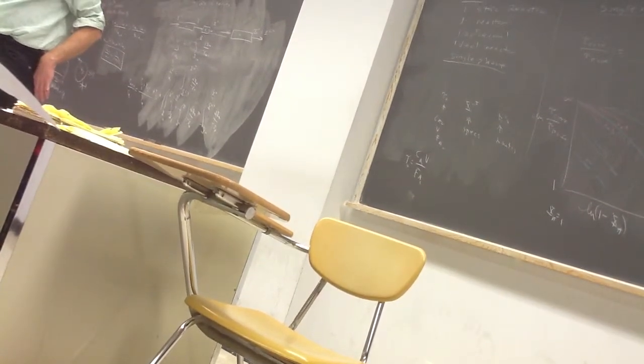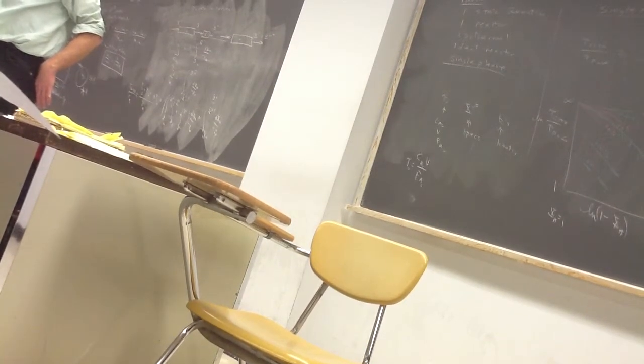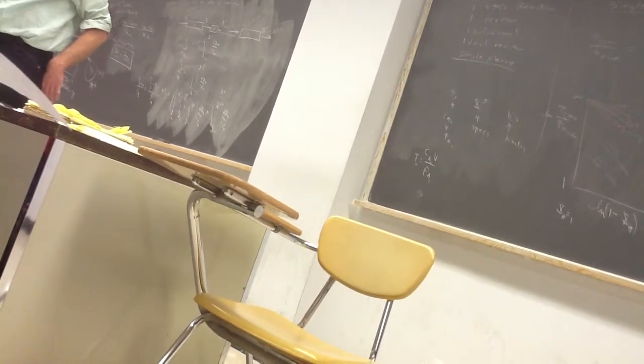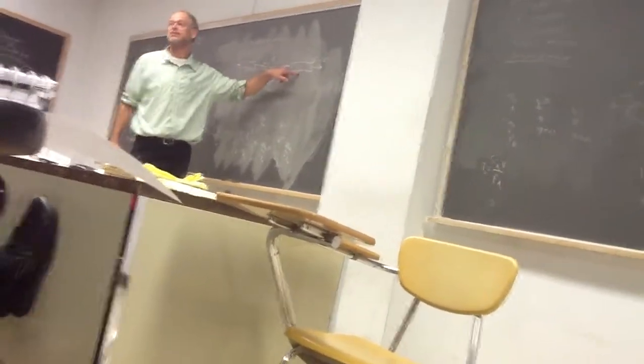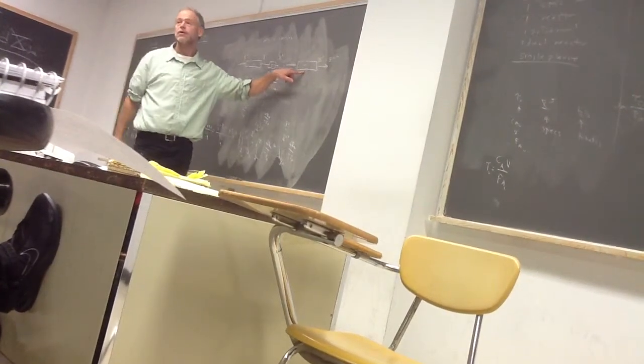One plug flow reactor going from what conversion to what conversion? Okay, so what does this tell me? That if I have n plug flow reactors in series, that's equivalent to, as you just said, one single plug flow reactor.